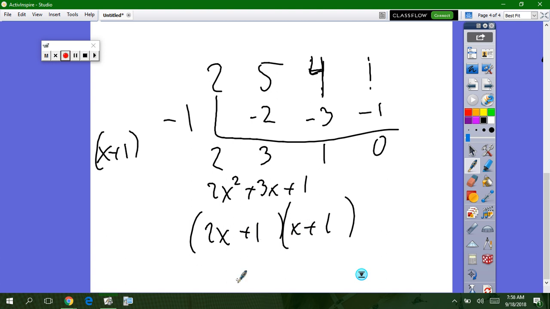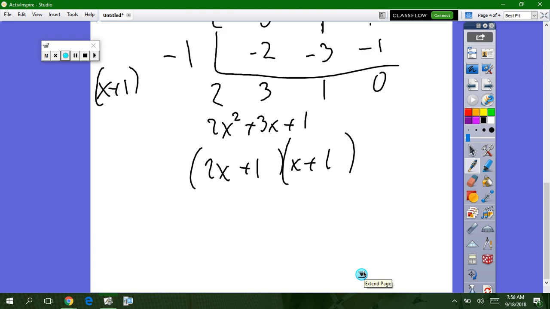Notice that would give me 2x plus x to give me 3x. What's my other zeros? What's the value that makes him 0? -1/2 makes that guy 0, right? What's the value that makes him 0? -1. And we already had this guy up here who was -1 as well.